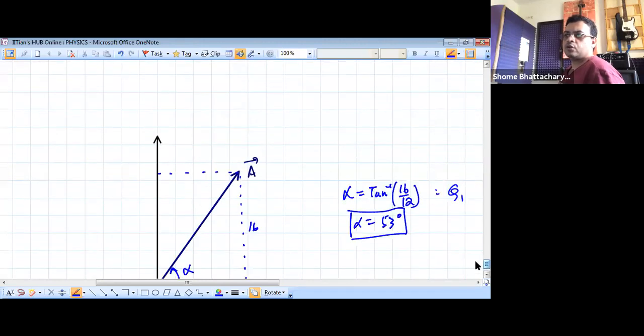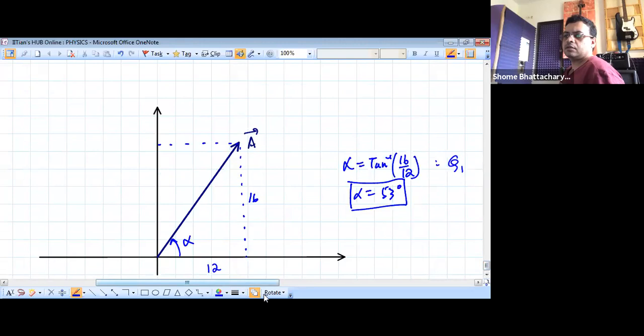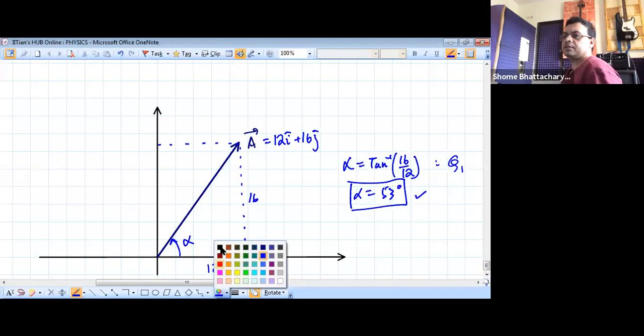So if we were to draw the vector A, this is what it would look like, because the vector A is given to us as 12i cap plus 16j cap. So it would be at an angle of 53 degrees with respect to the x-axis in our standard xy plane. Now similarly, if we want to draw the vector B, how would that look?